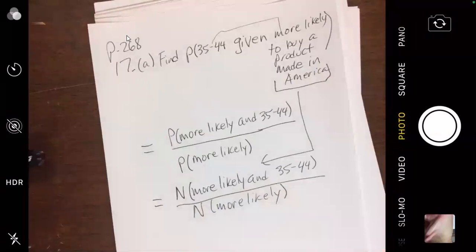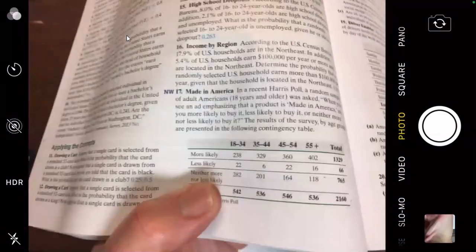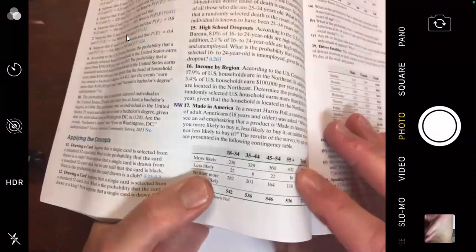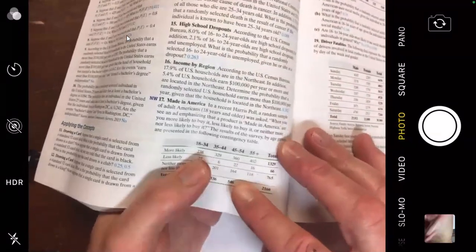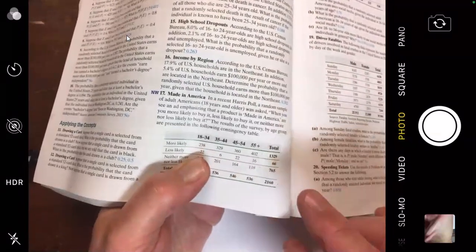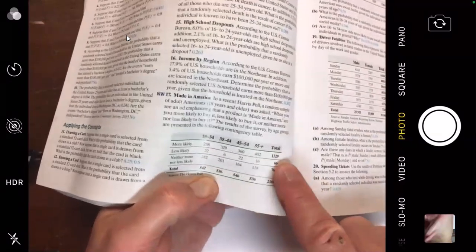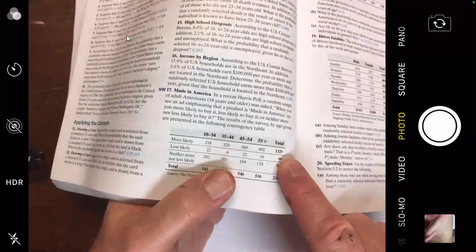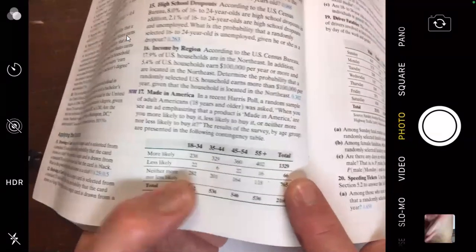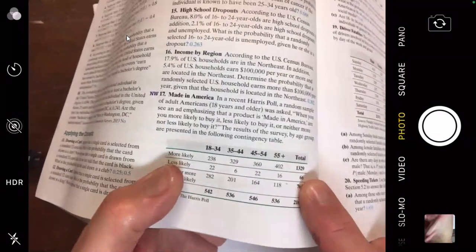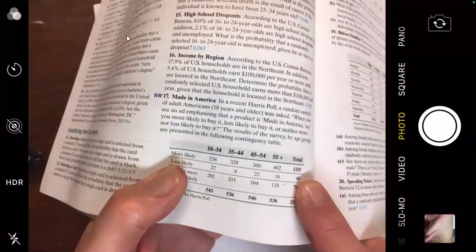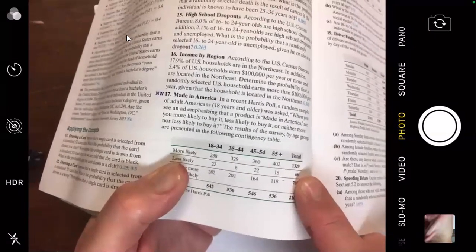All right, so now you've got to look at the table and see if you can figure out your numbers. What is the total number of people more likely? Can you tell it's 1329? Yes. Okay.